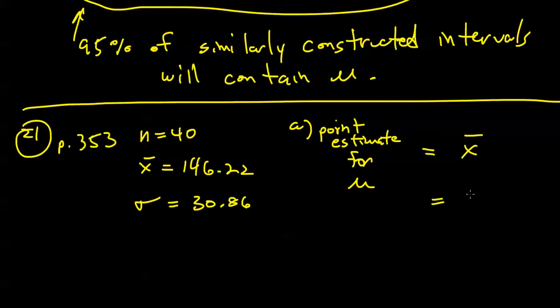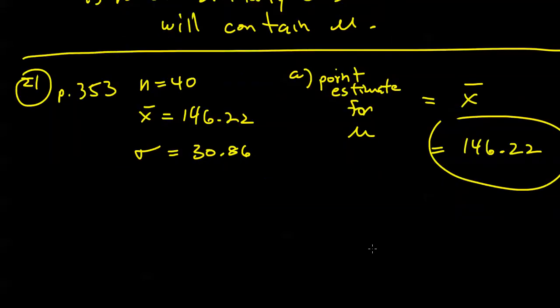So in this problem it's 146.22. Notice this value might change depending on what sample you pick. Some samples are better than others, or more representative than others, I suppose.